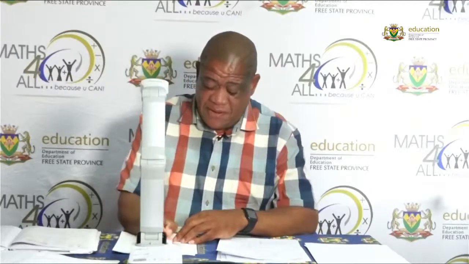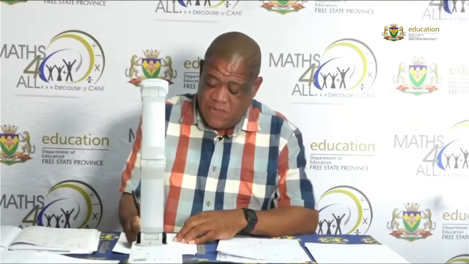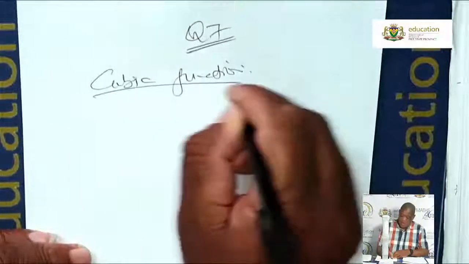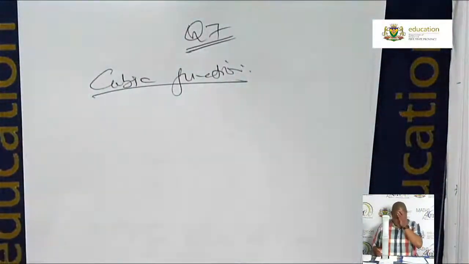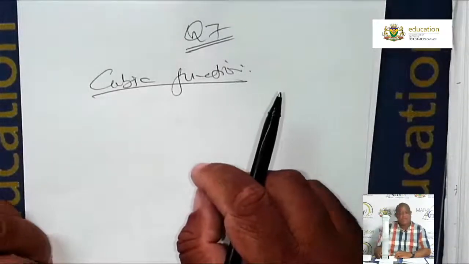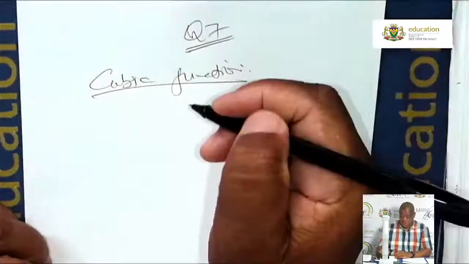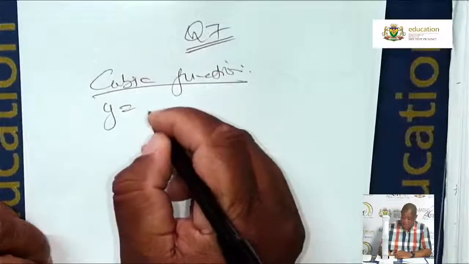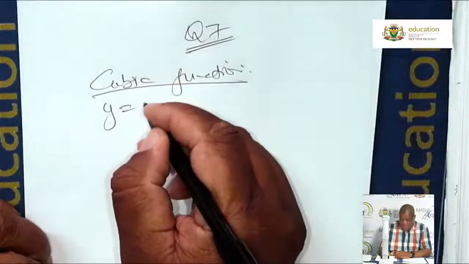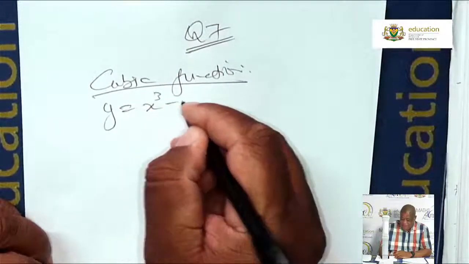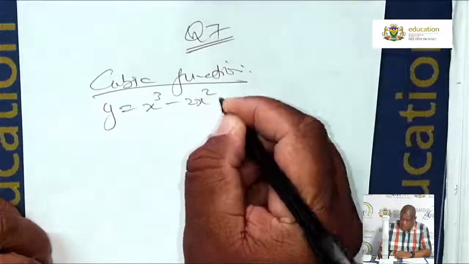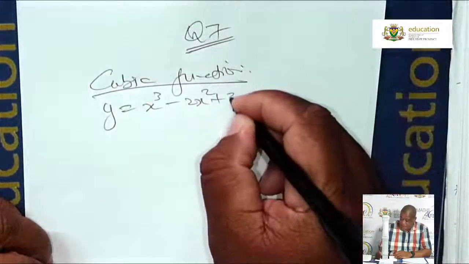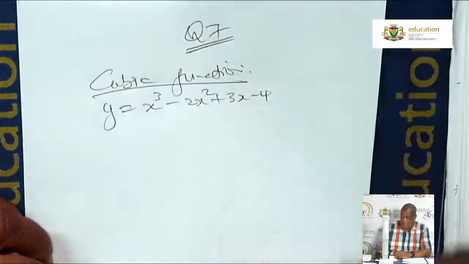The cubic function. Let us understand that with the cubic function, yes, we can be able to draw it. Y is equal to, I'm just writing it as an example, x to the power 3 minus 2x squared plus 3x minus 4, something like that.